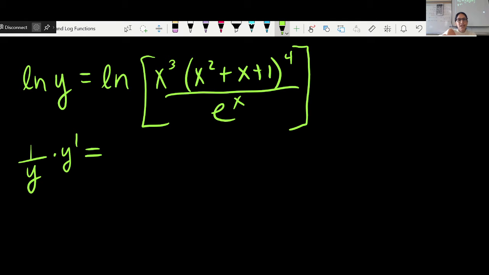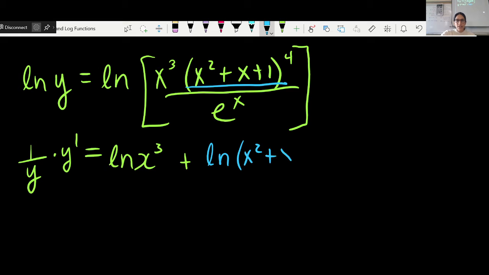Do you see that I can separate this by saying ln of x cubed plus, I'm going to try to color code these, plus ln of x squared plus x plus 1 all to the 4, and then minus ln of e to the x.